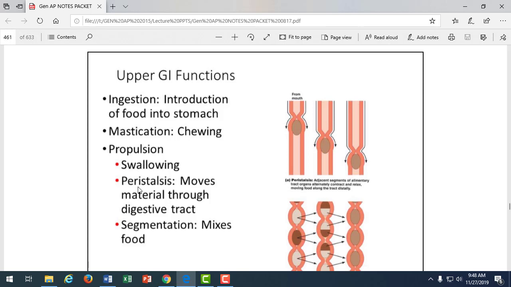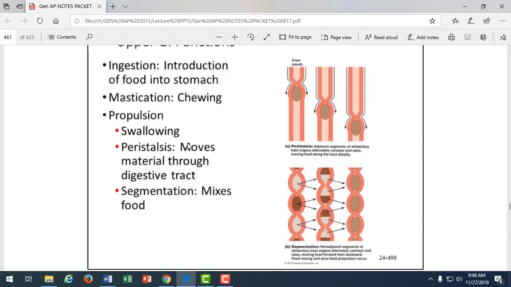So peristalsis is that smooth, kind of one-directional squeeze. And then if we look at segmentation, segmentation is little bits that squeeze in one section, so little segments of the wall are contracting. And we see that primarily in the small intestine. So that kind of helps the food move back and forth and liquefy it some more and give it exposure to those columnar cells for further digestion and absorption.